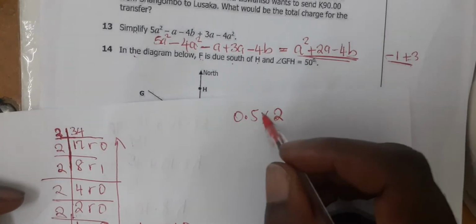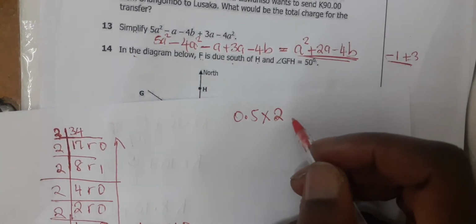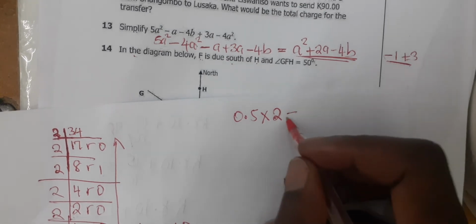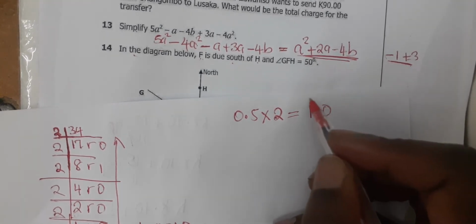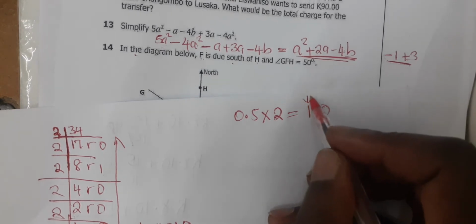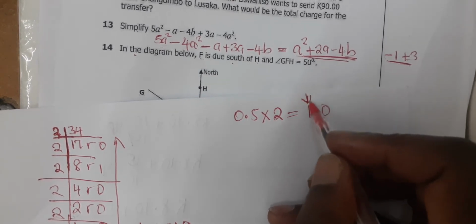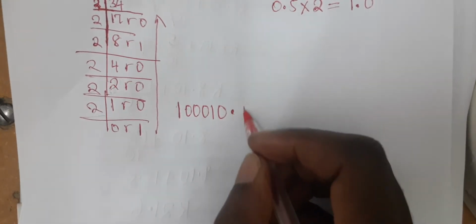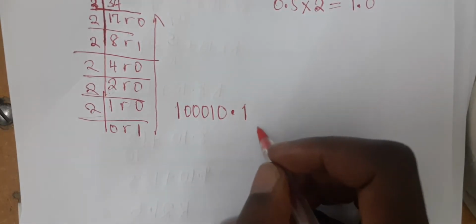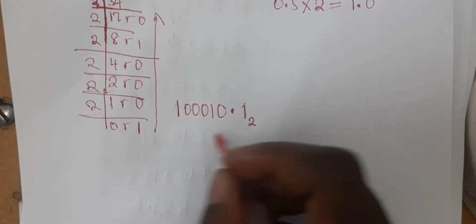When you multiply by 2 here, this is going to give you 1.0. We are getting whole numbers instead of the remainders. So here it will be 0.1 in base 2. This is the answer.